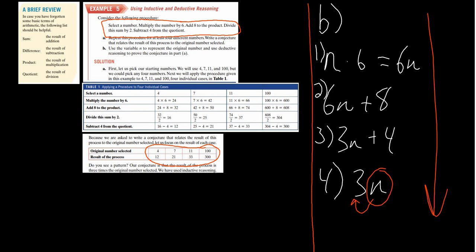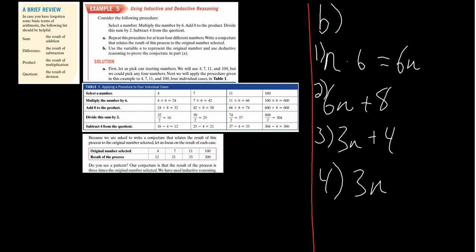I say that loosely, because there is a procedure in mathematics called proof by induction, but I don't know if we prove by induction in this class. I haven't taught this class, so maybe we do. Regardless, we just proved that the procedure does produce the result that we saw through our inductive reasoning.